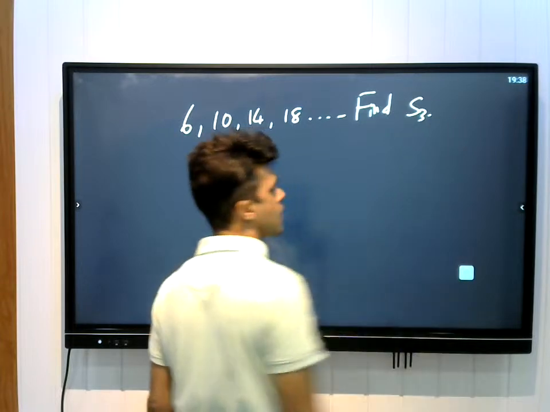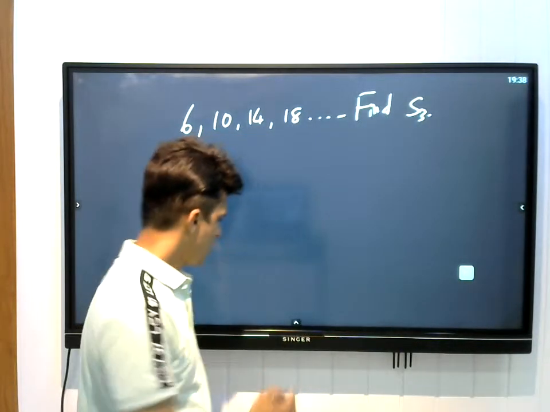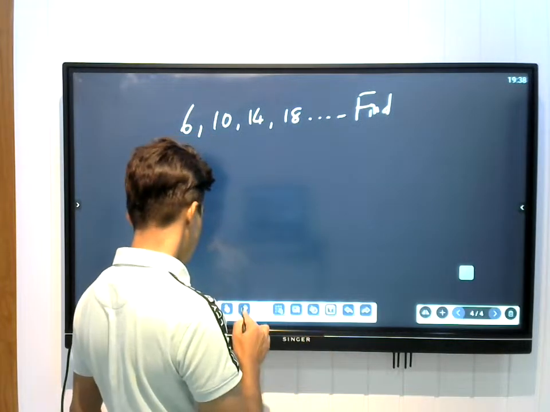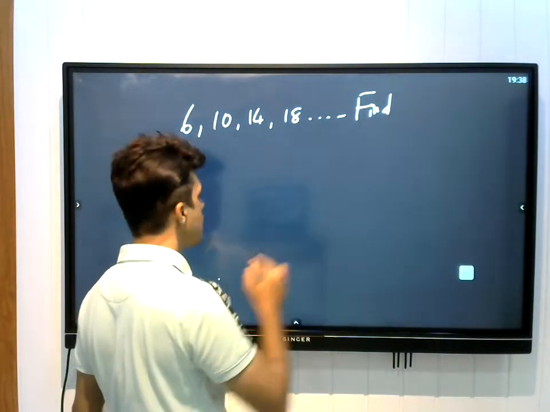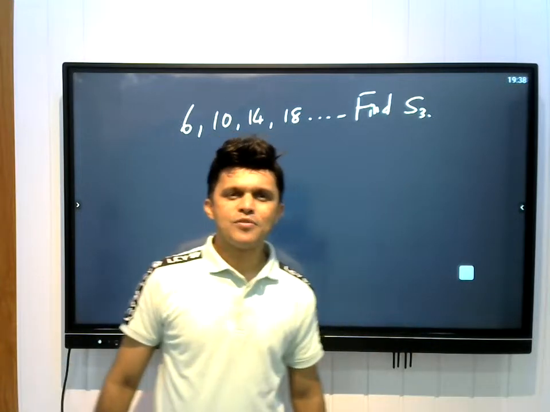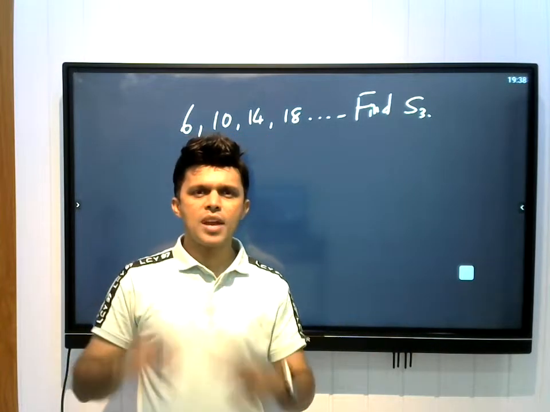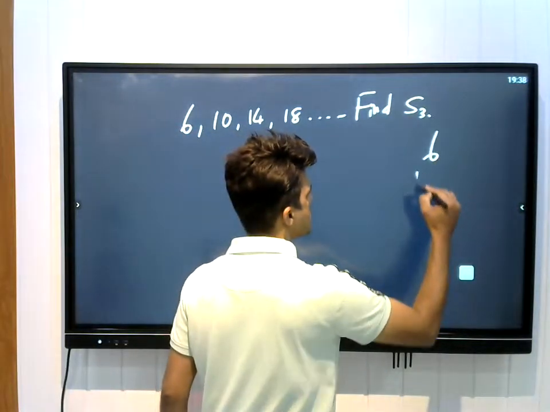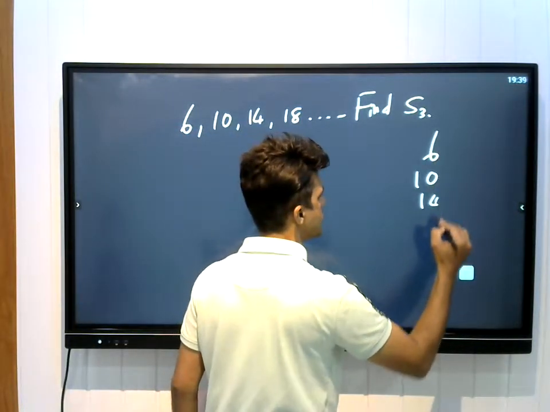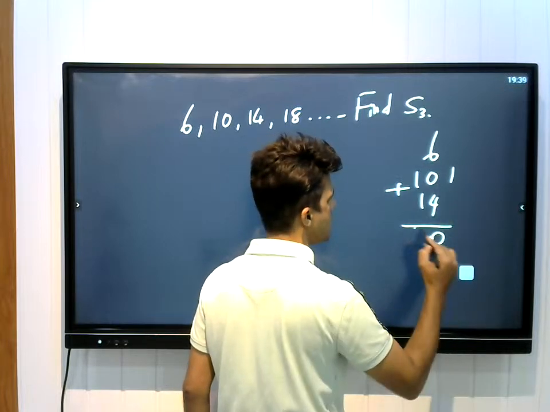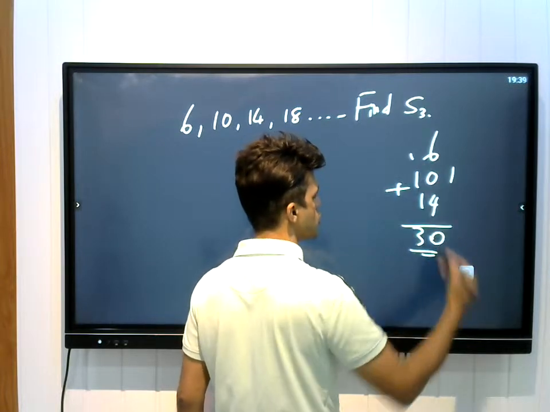S3 means the sum of the first three terms. So how can you get S3? 6 plus 10 plus 14.